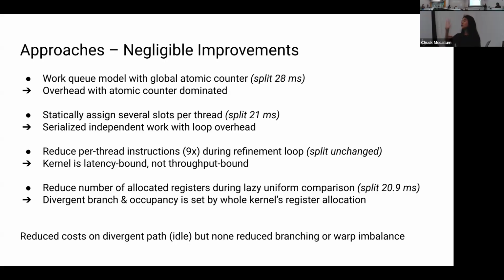And for all of these approaches, even though they reduce the costs on the register side and on the instruction side, because this was only happening on the divergent branch of the kernel execution, when those threads are idle, it didn't really amount to any changes in the total runtime because it wasn't addressing the actual bottleneck, which was the warp imbalance.